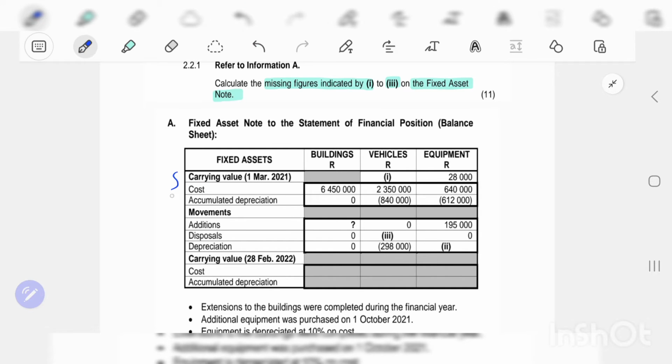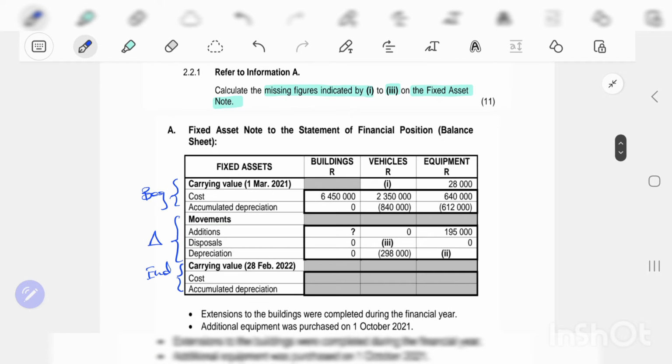It tells you about the balances at the beginning, the changes that happened, and the balances at the end. It tells you a story of how the assets have changed during the year.